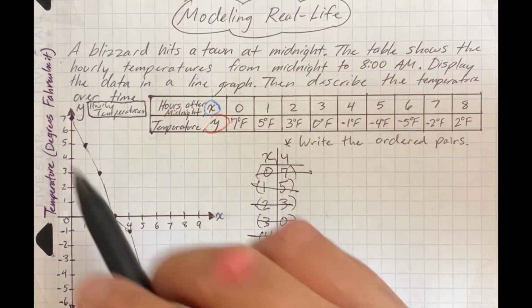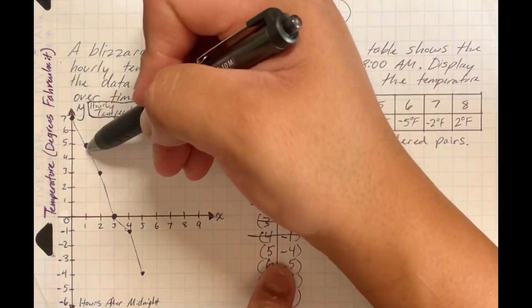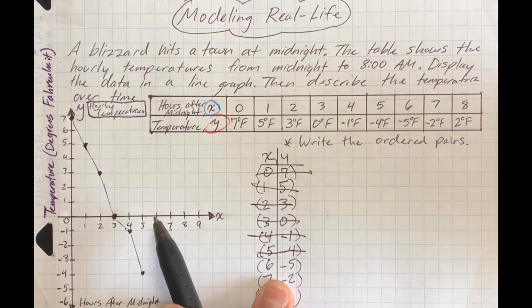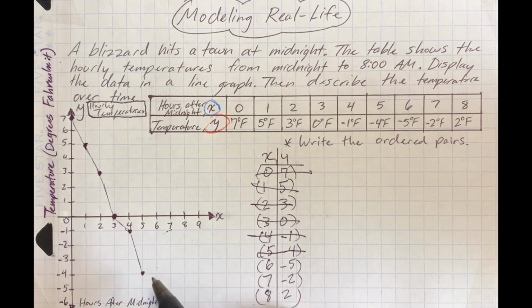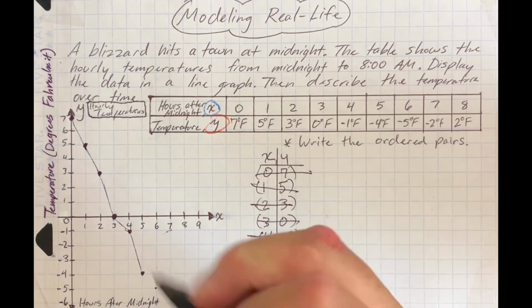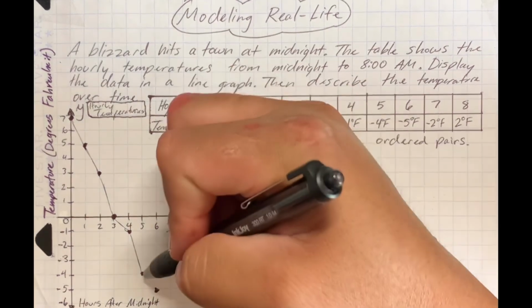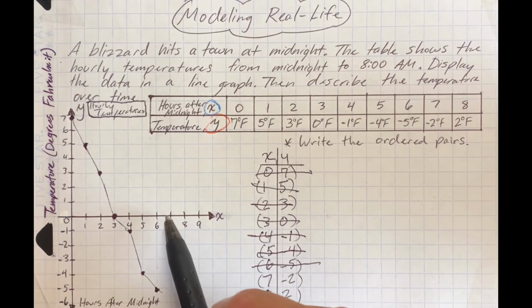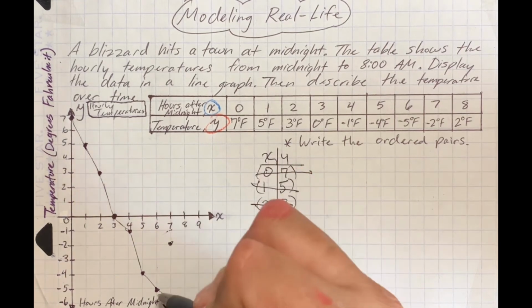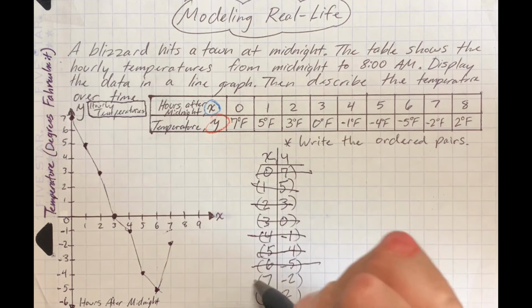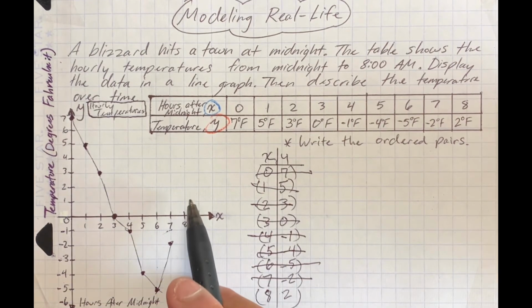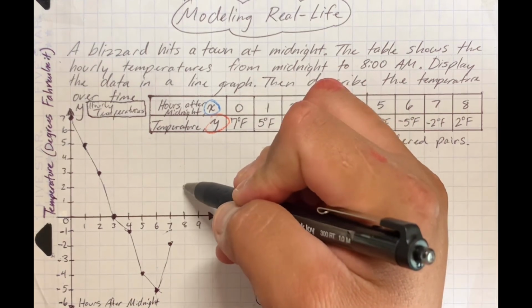All right, there's our line graph. Let's keep going. Then we go +6 and -5 right there. Then +7, start at your origin, +7 and -2, right there. And then +8, start from your origin, +8 and +2, right there.